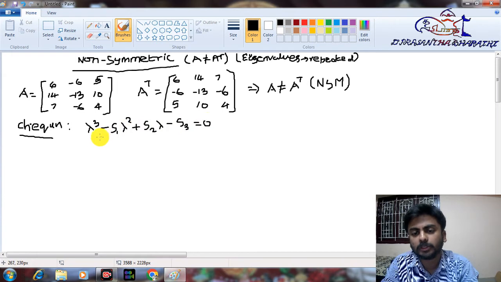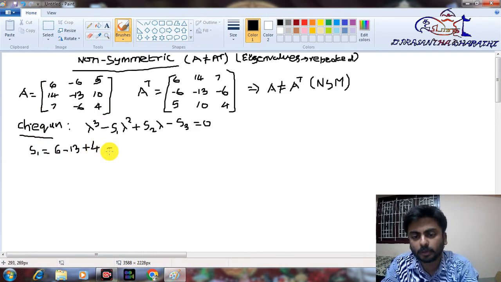Okay, so we have to substitute values for s1, s2 and s3. s1 is nothing but the trace of matrix A. Trace means the sum of the main diagonal elements. So that is 6 minus 13 plus 4, which is equal to minus 3.